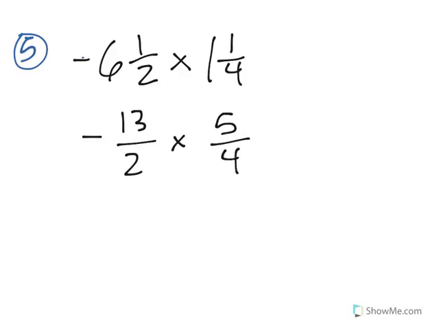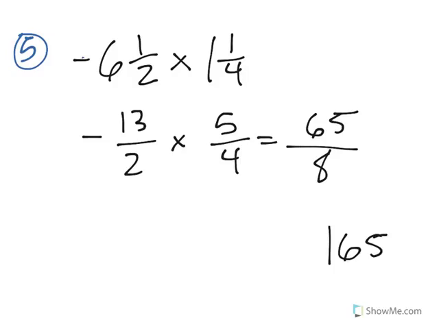Now we multiply across the top. 5 times 13 is 65, and then 2 times 4 is 8, and then we need to reduce. So we're going to put 65 in the house, 8 outside the house. 8 does not go into 6, but it does go into 65.